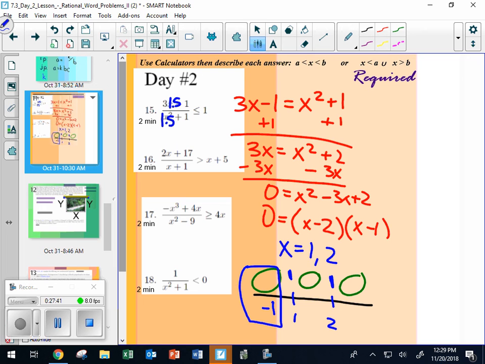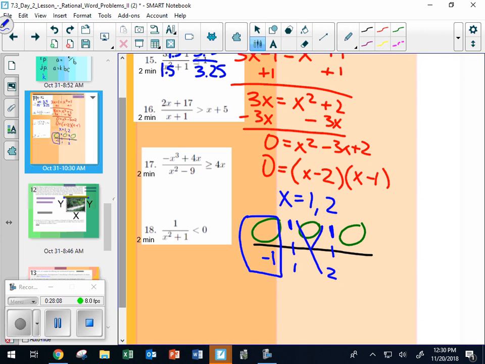So 4.5 minus 1 is 3.5. So we have 3.5 divided by 3.25. Is that greater than, equal to, or less than 1? It's greater than, so we don't want this middle section, because we want to be less than 1.